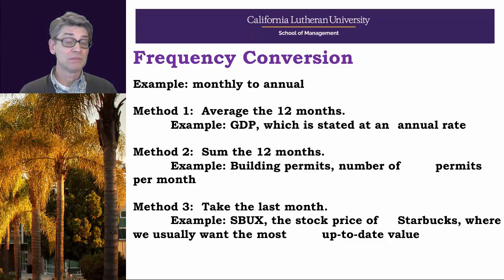If we want to know the total number of permits in a year comprised of the various months in that year, we're going to have to add them up in order to know what the total number for the year was. With some financial markets data, like stock prices, the convention is to take the last observation. So if you're converting from daily to month, it's the last trading day of that month. If you're converting from monthly to annual, you would take the last trading day of the year. And that would become your number for your new frequency.